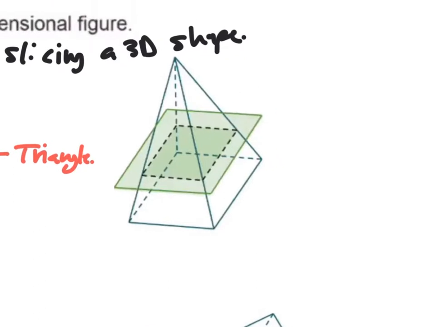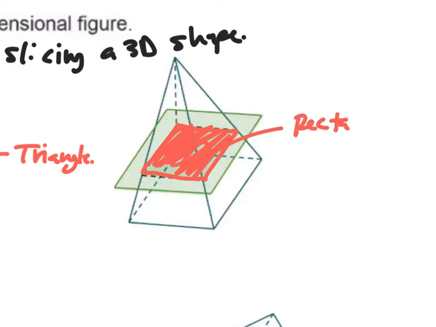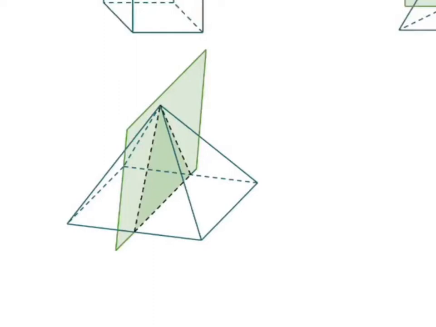If I took a pyramid and did a horizontal cross section, this shape right here would give me a rectangle. All right, let's go down over here. If we did a vertical cross section on a pyramid, though, that would give us a triangle. Pretty cool stuff.